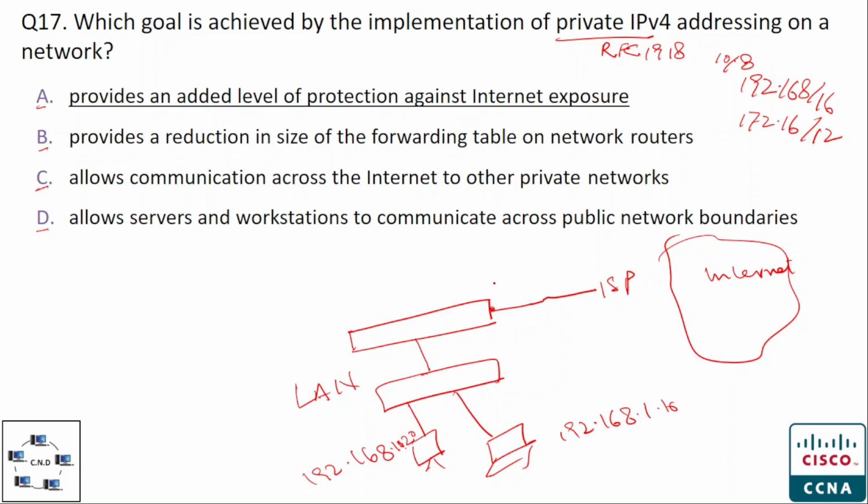This router will have a public IP address, let's suppose 8.10.9.11. Whenever the private IP addresses want to access the internet, the traffic will come to this router and the private IP addresses will be translated to 8.10.9.11.